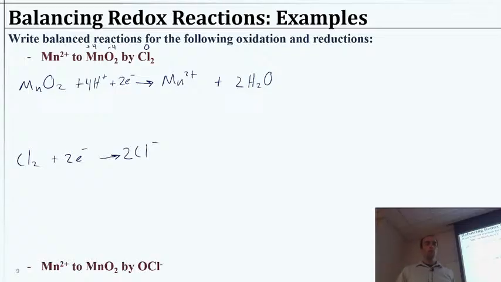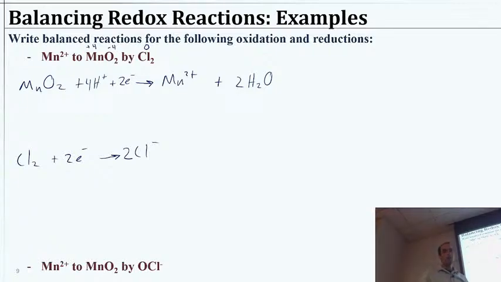Okay, so at this point, we can rearrange to write it out the way where we're going to make sure that the electrons are settled, and perhaps in a way that makes sense in terms of we are oxidizing Mn2+ to something by adding chlorine. So that's the way I like to look at it.